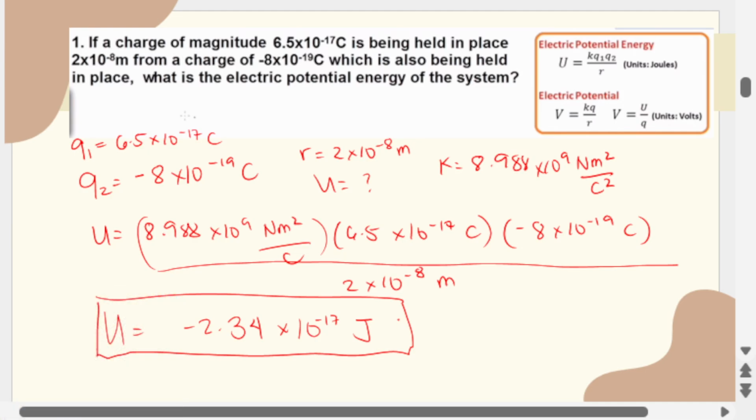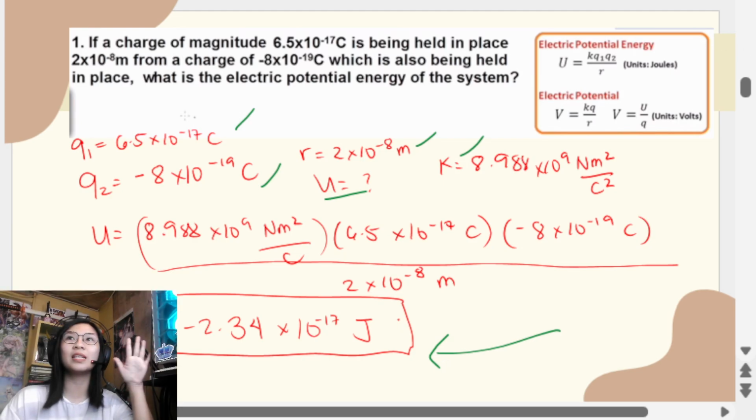We have our Q1, 6.5, then our Q2, negative 8, our R, our K, and we need to find the U. So you just put it all in, and we have our electric potential energy of negative 2.34 times 10 raised to negative 17 joules.